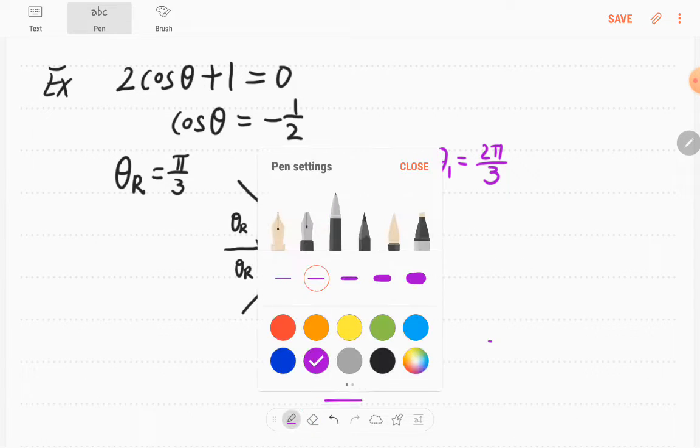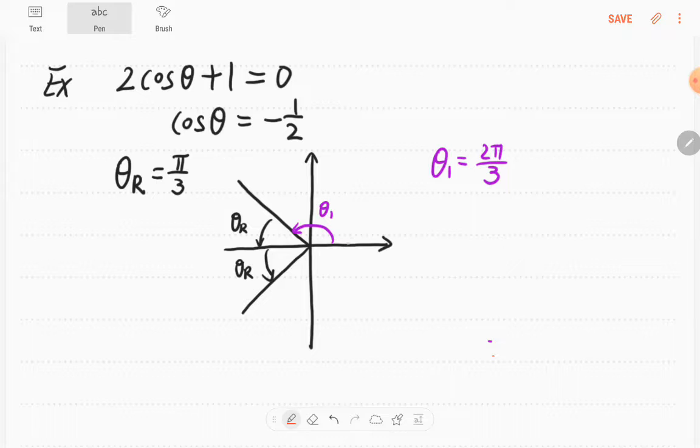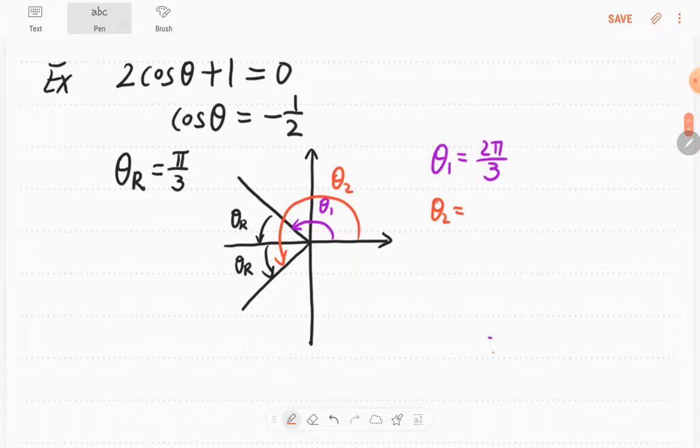If we let the second angle be theta 2, then theta 2 should be pi plus pi over 3, so this is 4 pi over 3.